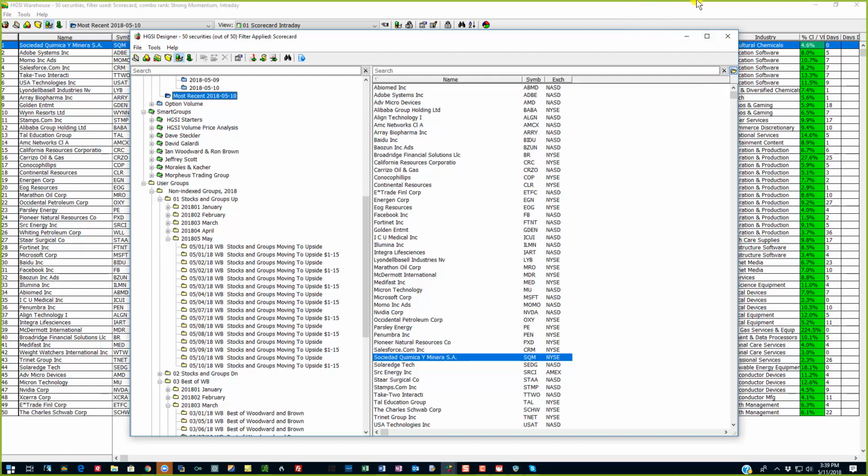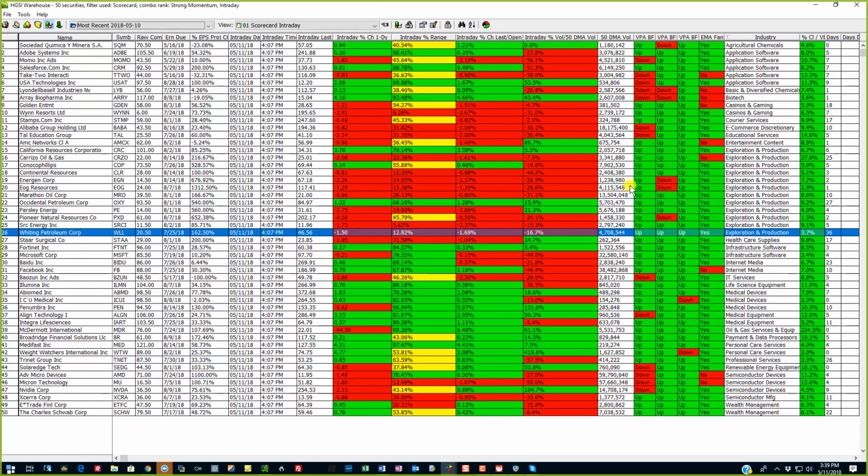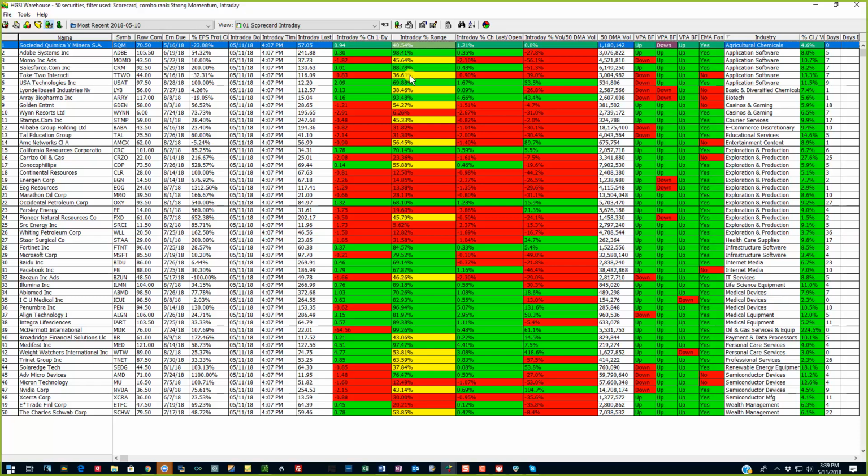But you get the point, right? When these stocks start moving, they're going to appear in the stocks and groups moving up, and they're going to appear in the top 50 stocks. So if you don't want to do a ton of prospecting, concentrate on these stocks. Now this is the most recent 510.